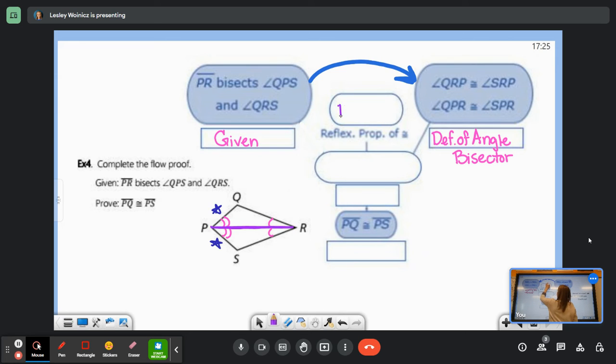PR is congruent to PR because of the reflexive property of congruence. Now I've got angles, an included side, and another set of angles. So I have angle, side, angle.